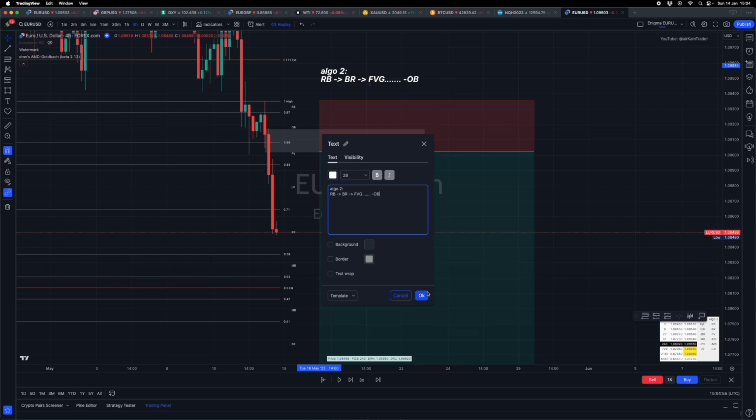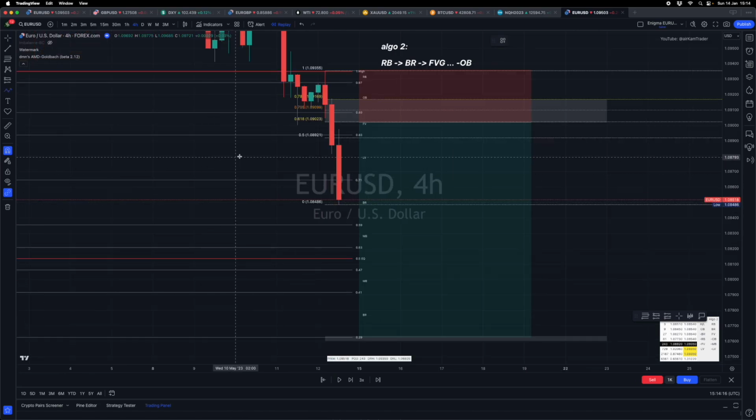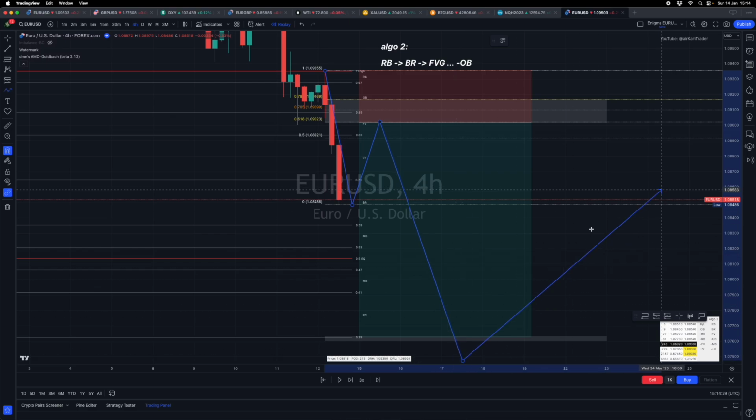Okay, so as per my video, I was marking out the algorithm 2 path. Rejection block, down to the breaker. I predicted a retrace to the fair value gap, and my TP was the opposite order block.